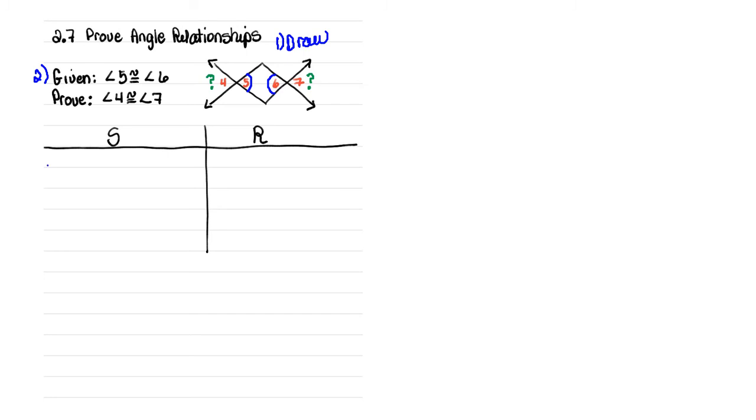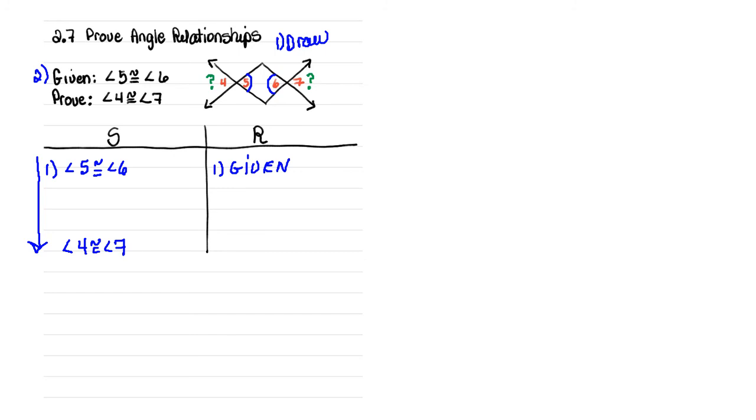Next, we're going to start doing the proof. All right, let's always start with a given. So angle 5 is congruent to angle 6. Always the easiest part because that's what we've been given. And we know we have to work our way down toward proving that angle 4 is congruent to angle 7.